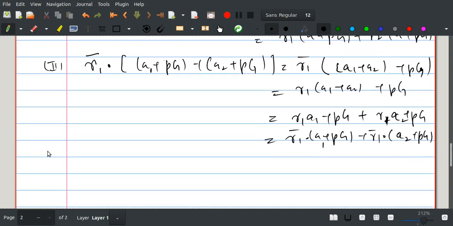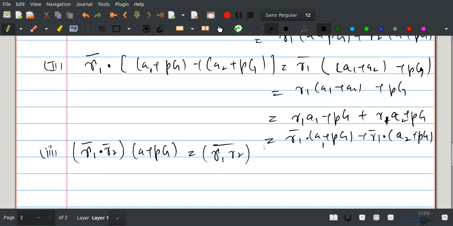Similarly, for the third item, we have R1 bar dot R2 bar (A plus PG), which is the same as (R1 R2) bar of (A plus PG).